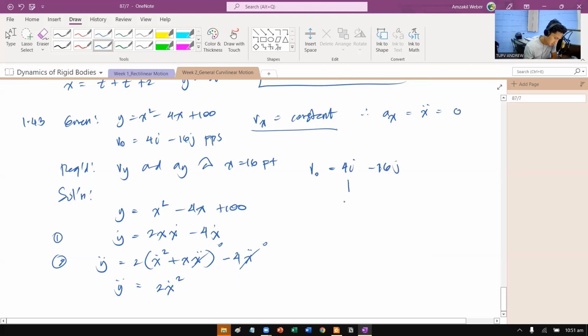This is v0x, this is v0y. And since Vx is constant, it is also Vx. It is the initial, and also the final, so it did not change. Therefore, this is our x dot. We have 4, we can plug that in. We also have 16 feet.